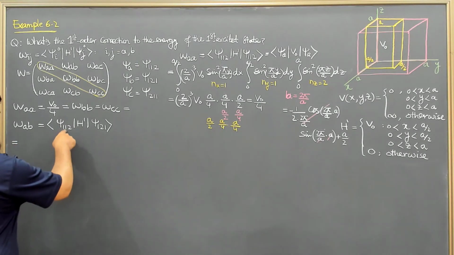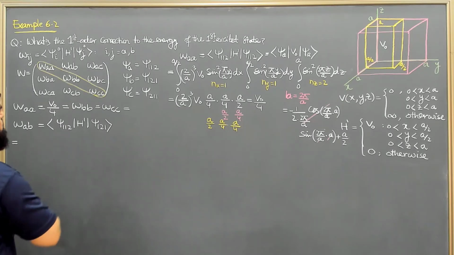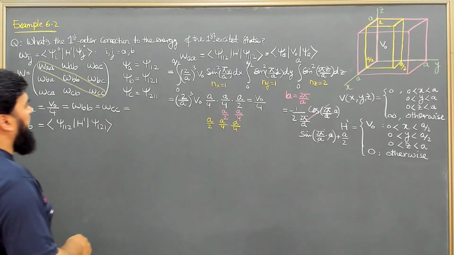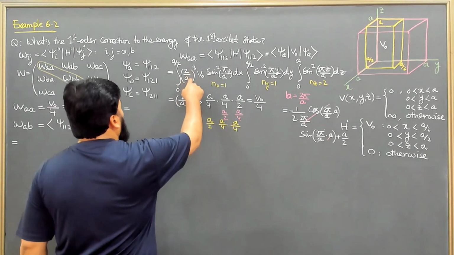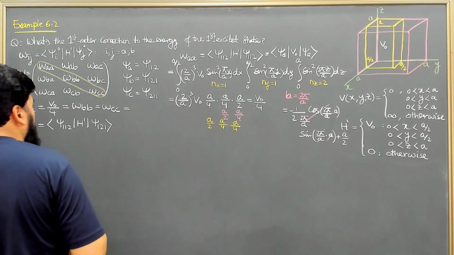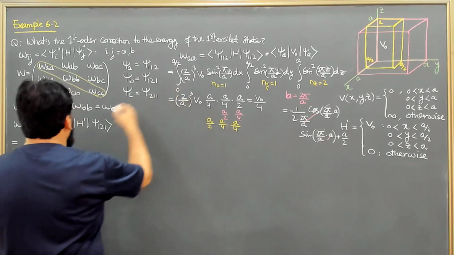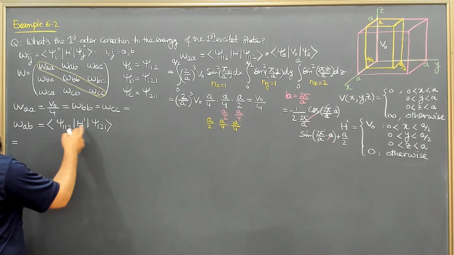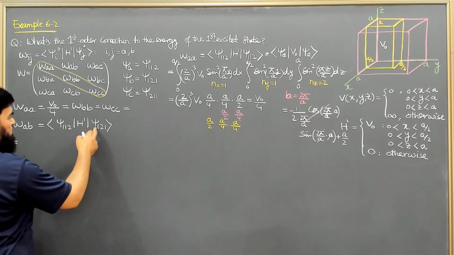So I will write, when this is ψ₁₁₂ or this is 1, 1, 2, then we will have this 2 over A cubed here. There is no problem with this one, because 2 over A to the 3 over 2 will come with this one, and 2 over A to the 3 over 2 will come with this one.